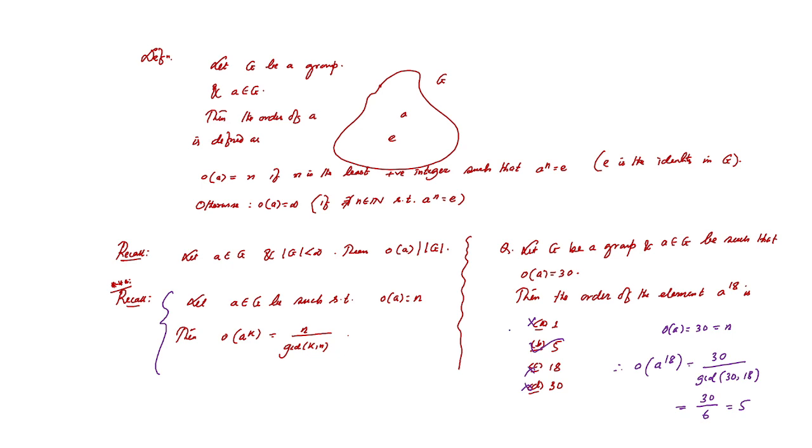Now we will come to one important concept here. The concept is the conjugate of an element. So here the concept recall is the conjugate of an element in a group.